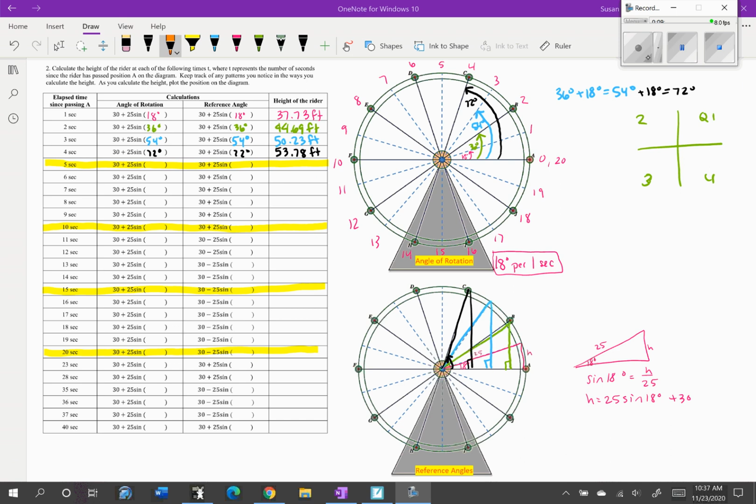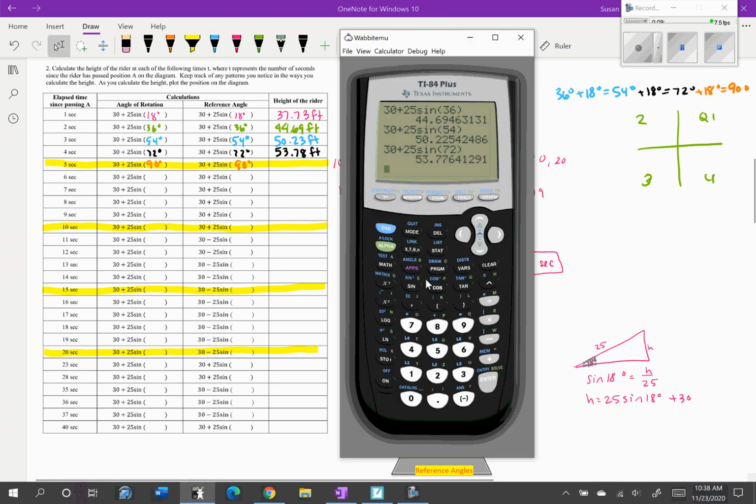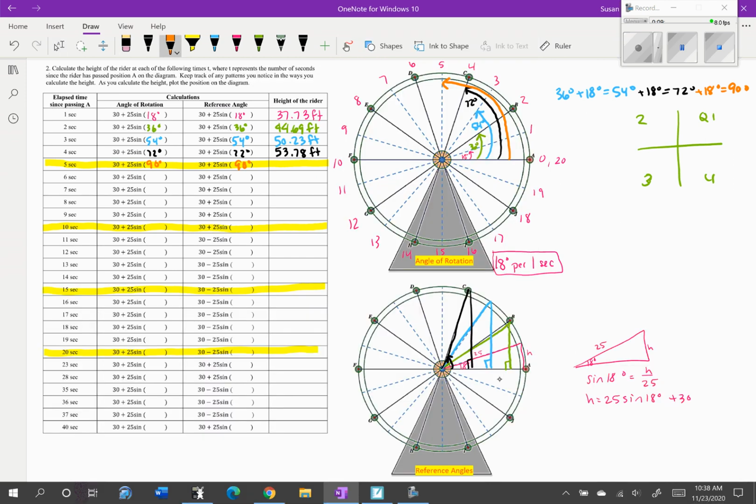And now the next one, which is from here all the way to here, which would be another 18 degrees to the 72, which gives us 90 degrees. So 90 degrees. If we plug that in, we get 55 feet, which makes sense because we have 30 feet from the ground plus another 25 feet gives us the 55 feet for the maximum, because we know the radius from here to here is 25 plus the 30 from the ground.